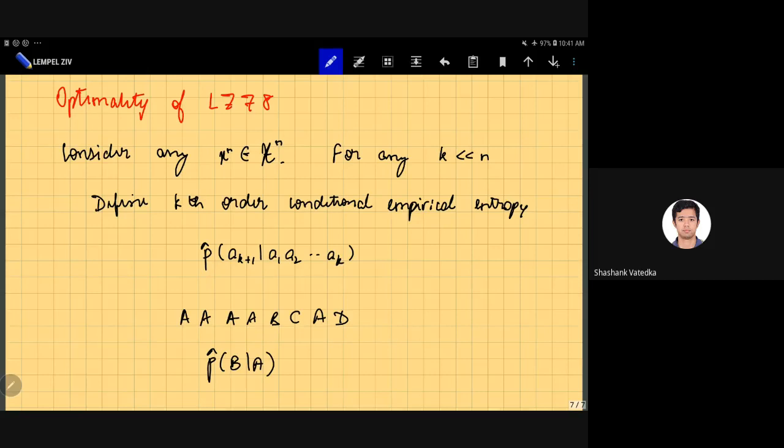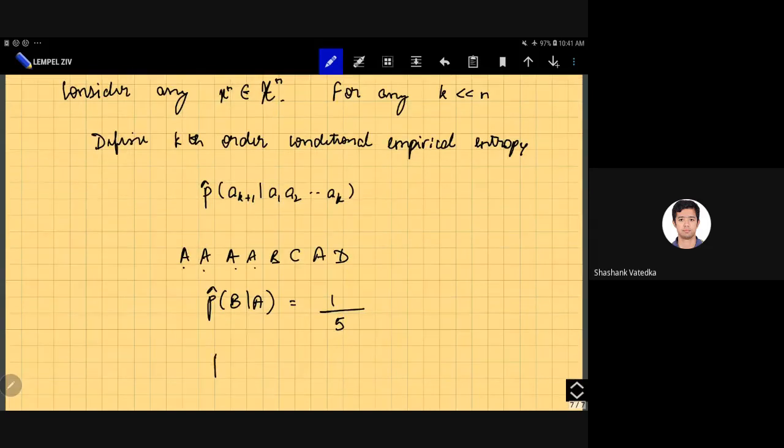In this case, there is one occurrence of b after a, and the number of times a occurs is 1, 2, 3, 4, 5. So it's 1 by 5. Similarly, p hat of a given a is the fraction of times a occurs after a. So this occurs 1, 2, 3 times. Sorry, this should be 3 over 4.